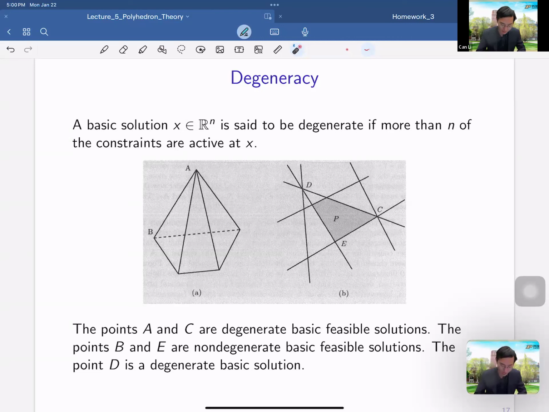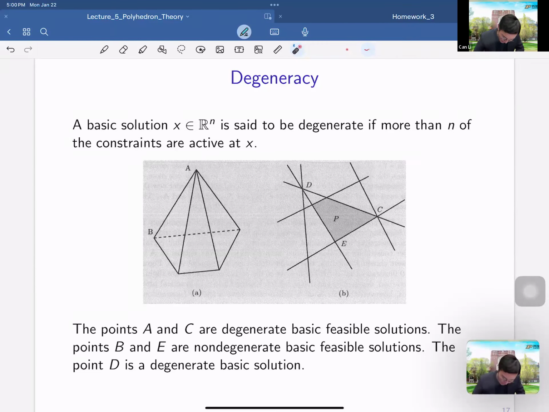And then here's a problem in 3D that also explains what happens in 3D. Imagine in 3D, we need 3 equality constraints to uniquely define a solution.